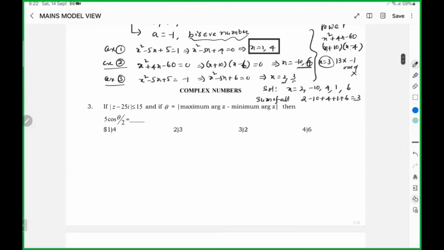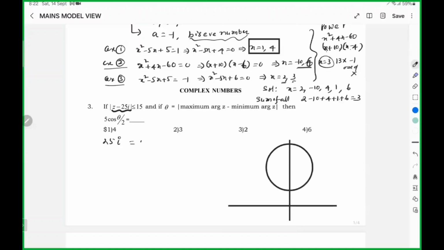Here, mod of z minus 25i is at most 15. Z is any complex number. So let us do by geometry. Here it is 25i, in the sense 0 plus 25i, which represents a point 0, 25 in the complex plane.